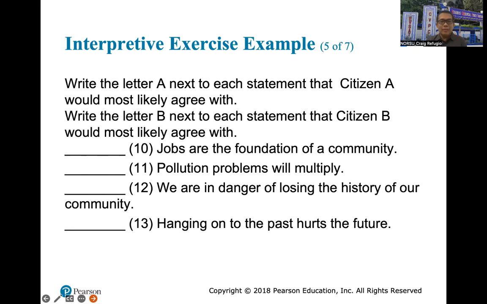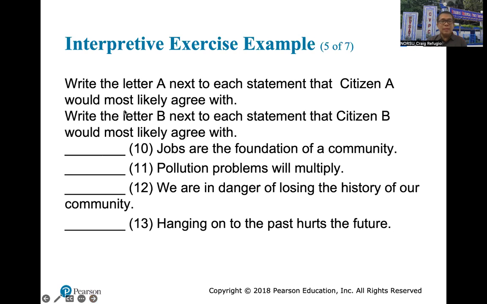Then write letter B next to each statement that citizen B would most likely agree with. So we have number 10, jobs are the foundation of a community. Number 11, pollution problems will multiply. Number 12, we are in danger of losing the history of our community. Number 13, hanging on the past hurts the future.